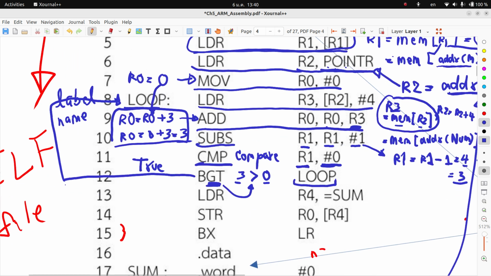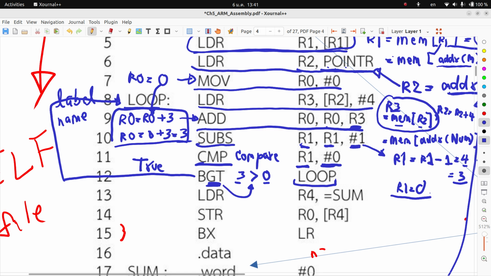Okay? The whole thing repeats again until R1 becomes 0. See that? R1 is subtracted by 1 again and again until R1 becomes 0.